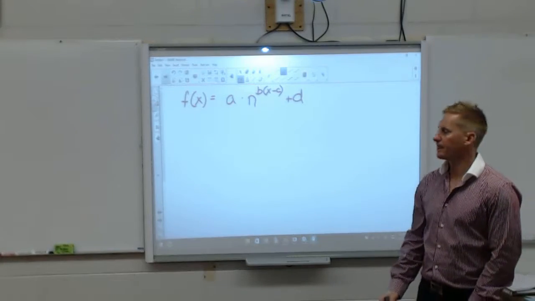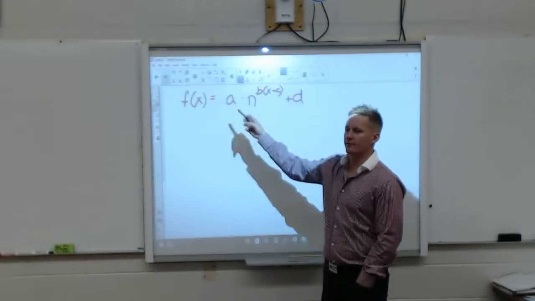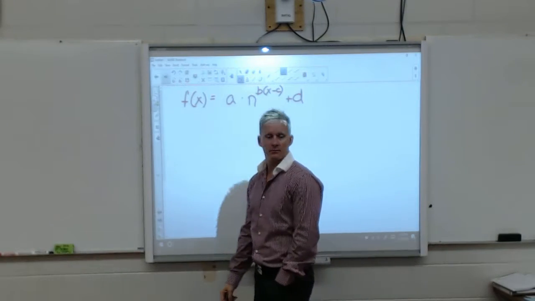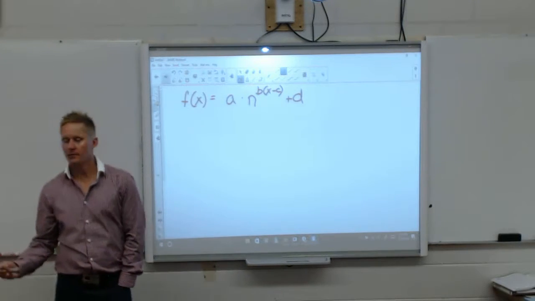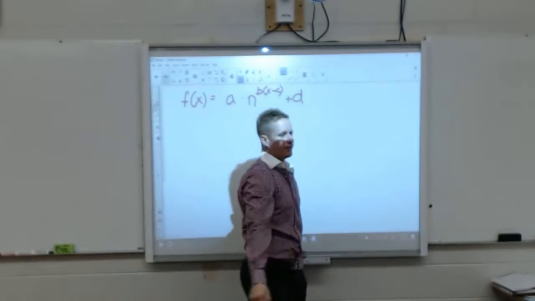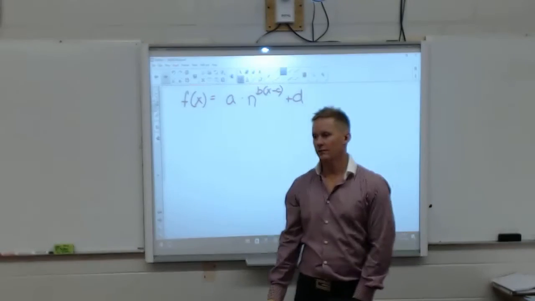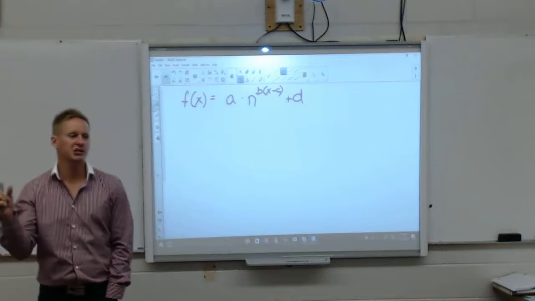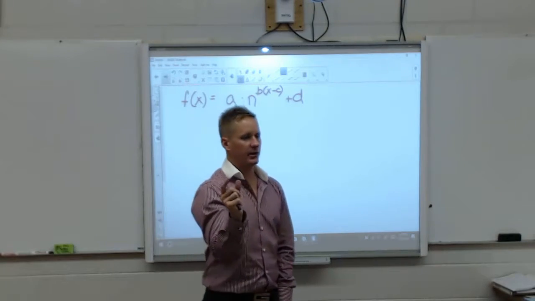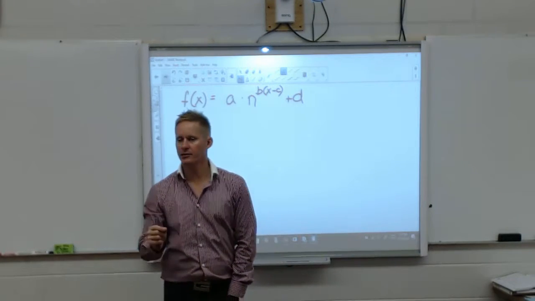So what happens? What is a going to do to the graph? Multiply all the y values by a factor of a, right? What is b going to do to the graph? Divide all the x values. You're not going to use that very much for this because it's very hard to tell. We're just sketching. So it's very difficult to tell, but you're going to divide your x values, right?